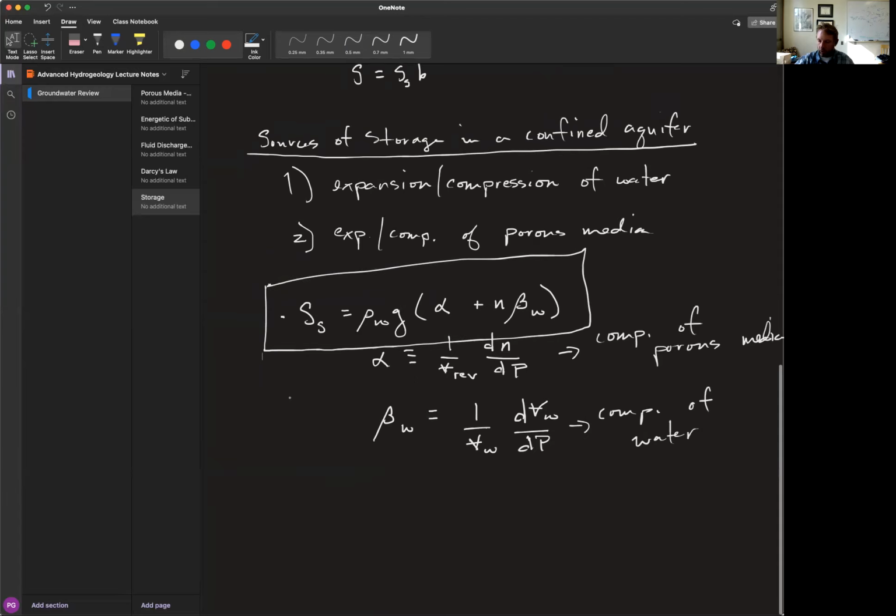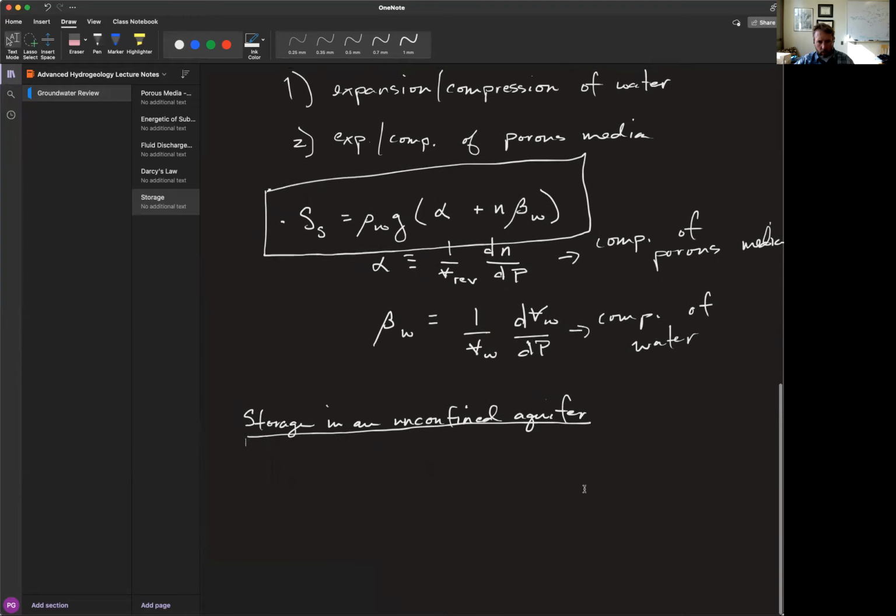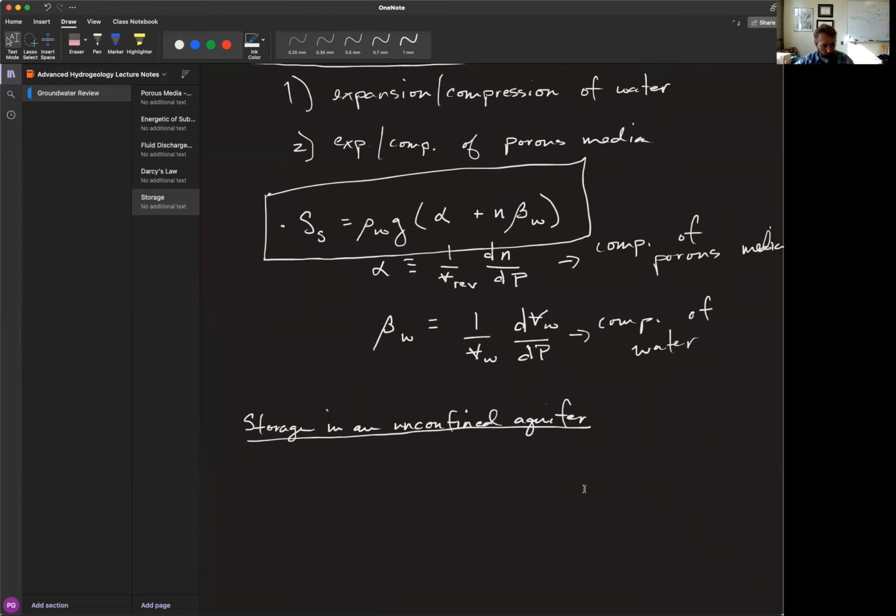So now let's think about storage in an unconfined aquifer. All right, so here, now in an unconfined aquifer, the water table is the top of the aquifer.